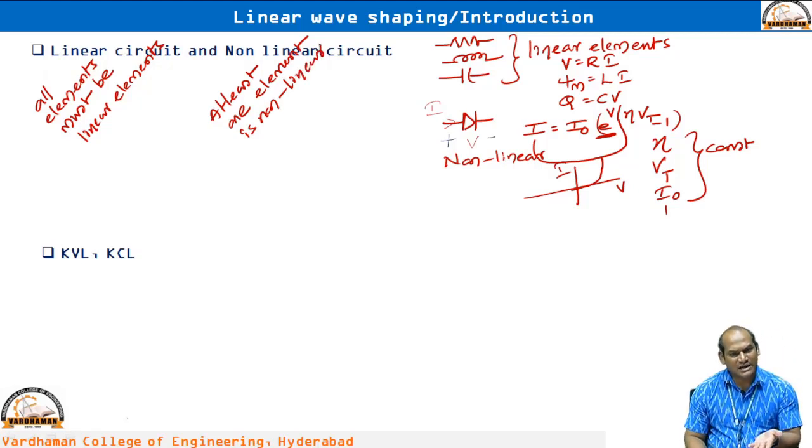The remaining elements can be linear also. But if at least one non-linear element like a diode is there, we can conclude that the circuit is a non-linear circuit. These are the definitions of the linear circuit and non-linear circuit.